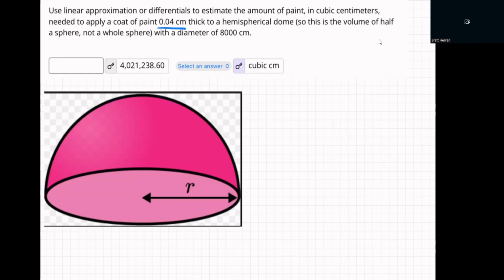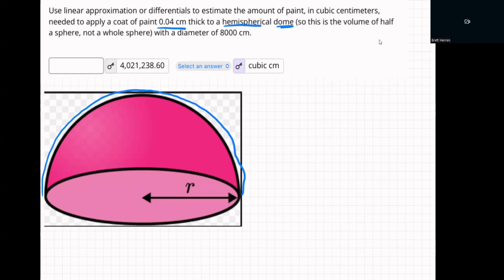Basically, a little layer of paint is going to go all around over the dome, right? To a hemispherical dome, so just to the top, all the way around. It's half a sphere, right?